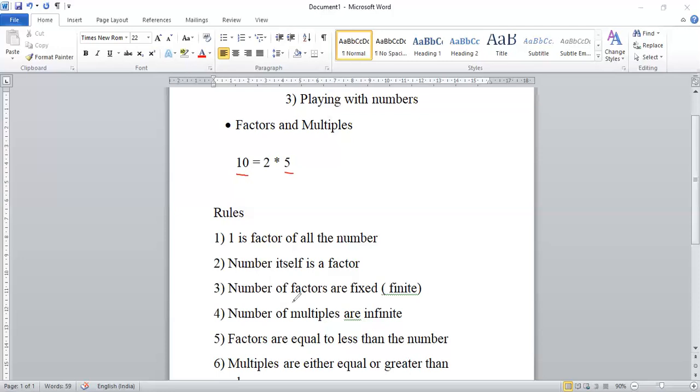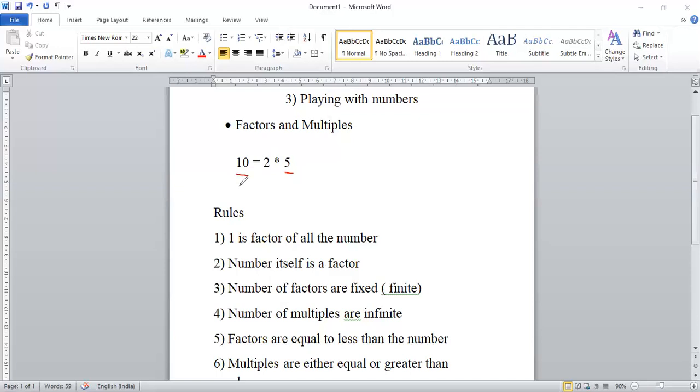Next, the third one: the number of factors is fixed, meaning it is finite. It might be many, one number might have 20 factors, 30 factors, 15 factors, but the number of factors is fixed. It can't be increased or decreased. Let's consider 10.